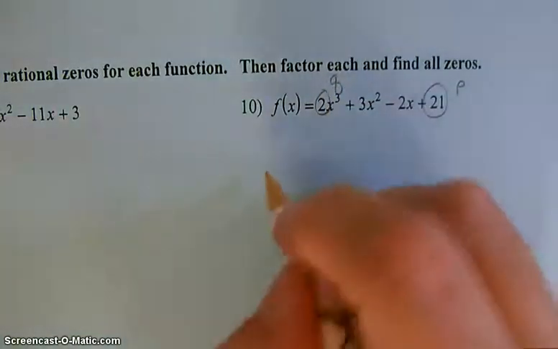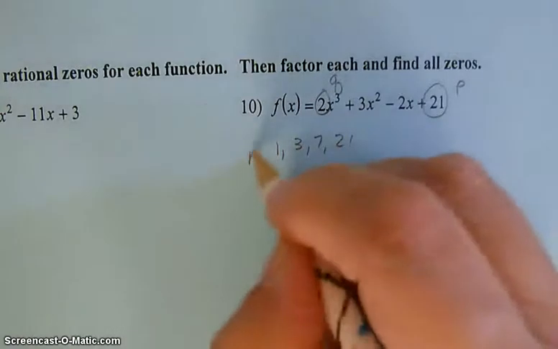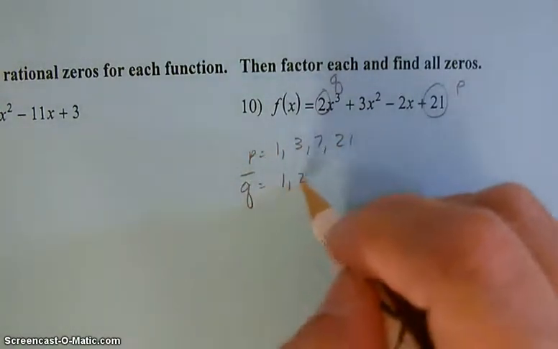factors. Factors of 21 are 1, 3, 7, and 21. Factors of my q is 1 and 2.